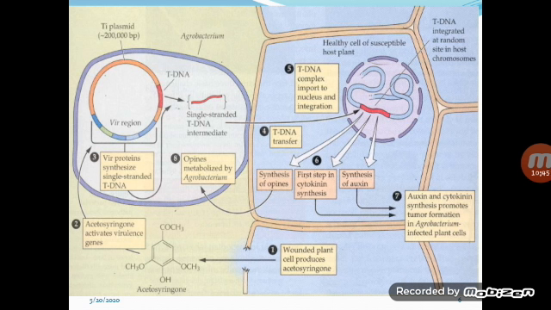So the auxin related gene starts to synthesize auxin, and the same with the cytokinin gene. Synthesis of auxin, cytokinin and opines occurs in this region.